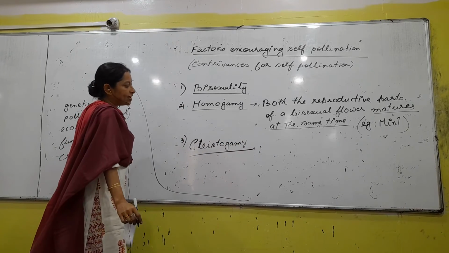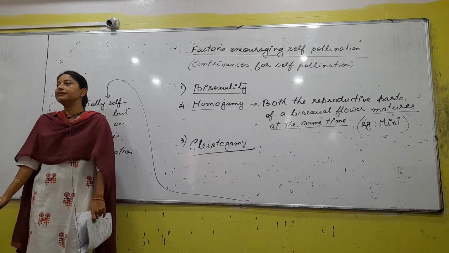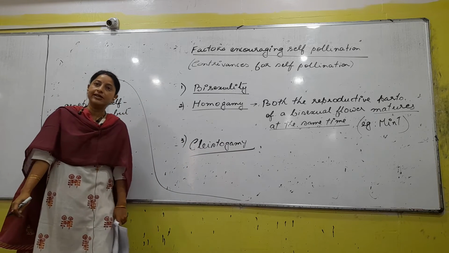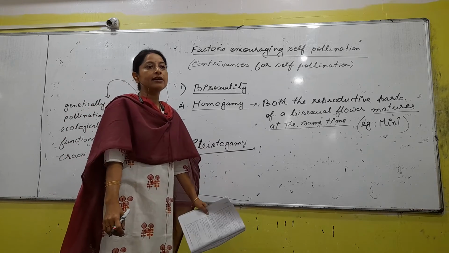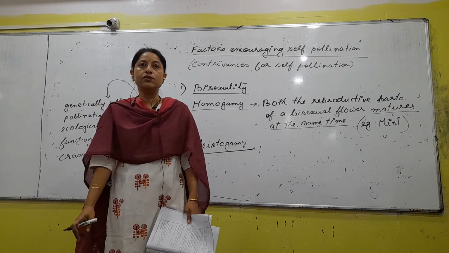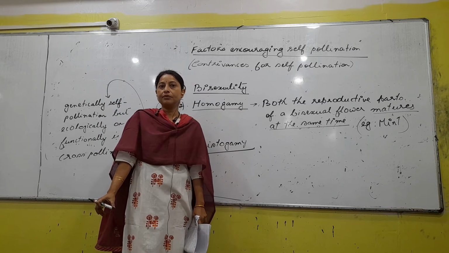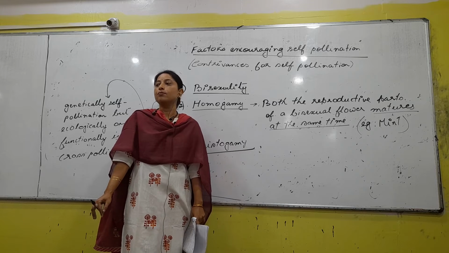Okay, the next factor, cleistogamy. I think you have heard the words chasmogamous flowers and cleistogamous flowers. What is a cleistogamous flower? A closed flower is called cleistogamous. What do we understand by the word closed? The petals do not open up, right?